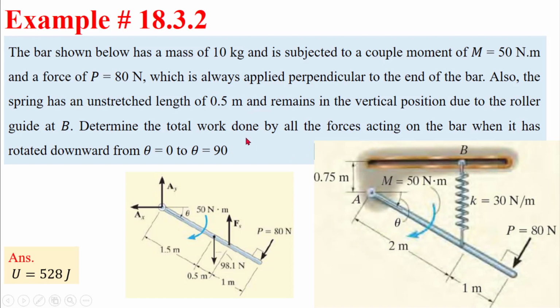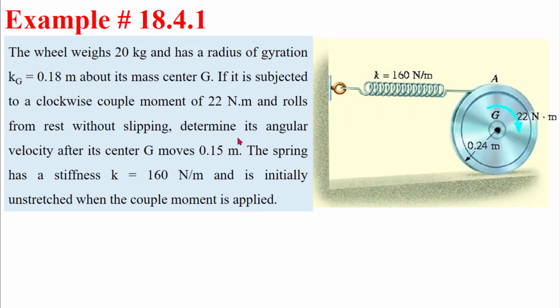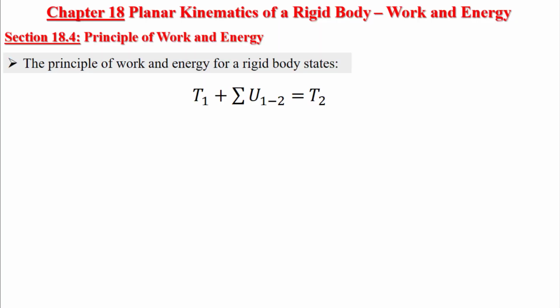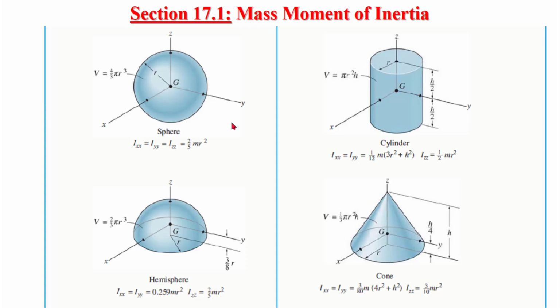Now let's see a problem that combines kinetic energy and work together. And I think you remember what we call this combination. If we combine kinetic energy and work together, we call it the principle of work and energy. We will benefit from this equation. First of all, you need to calculate each one alone and then combine them together in this equation.